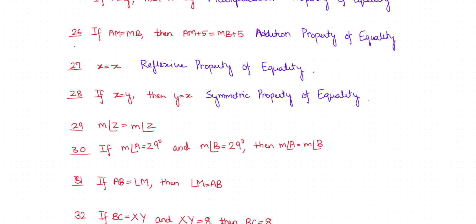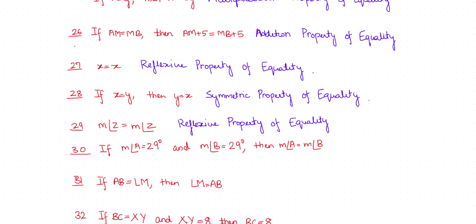So this is measure of angle Z is equal to measure of angle C. This is again reflexive property of equality. Now this is if angle A is 29 degrees, angle B is 29 degrees, then measure of angle A is equal to measure of angle B. So we can see that this is a substitution property.